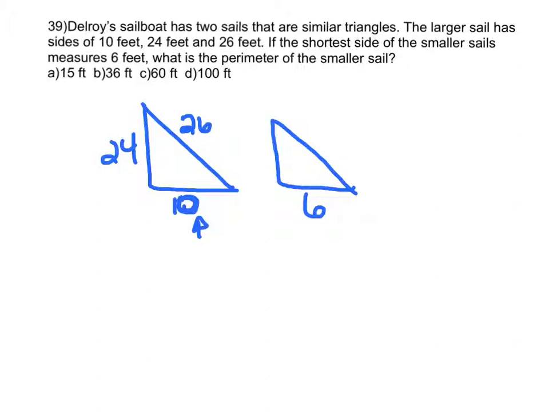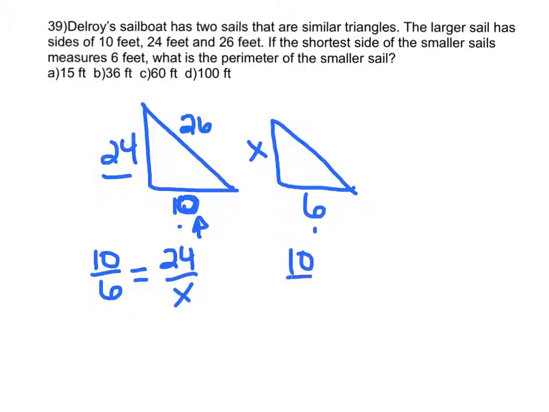So we're going to have to set up 2 different proportions here. We're going to put the 10 over the 6 equals 24 over, we'll make that variable x. And then we'll use that 10 and 6 again and put 26 over y. When we do our calculations here, we're going to find that x is equal to 14.4.